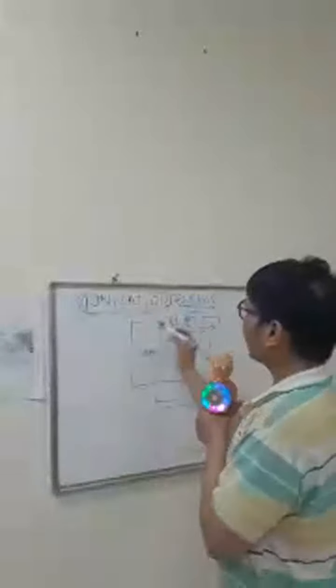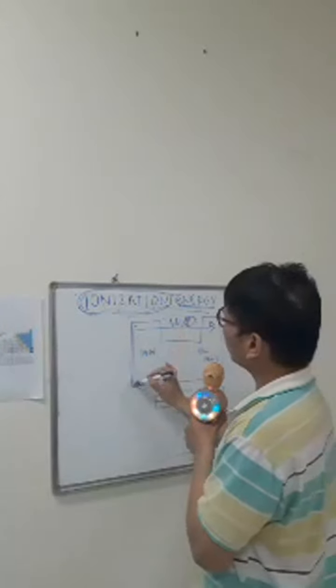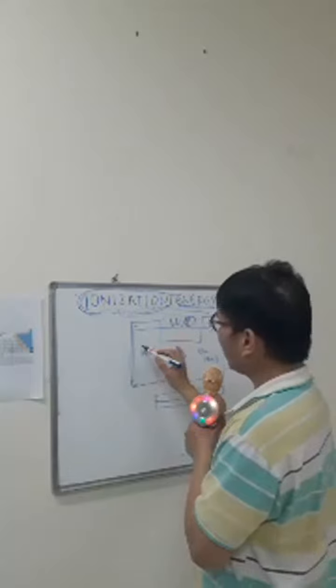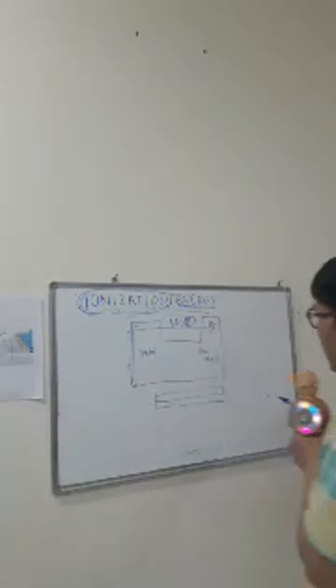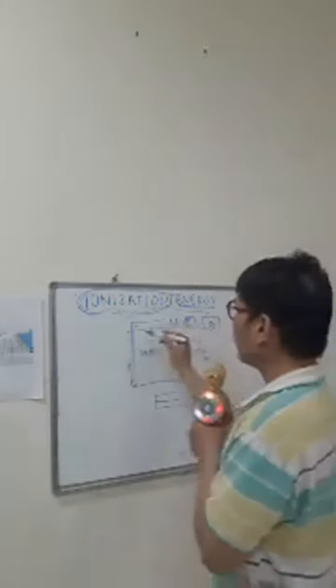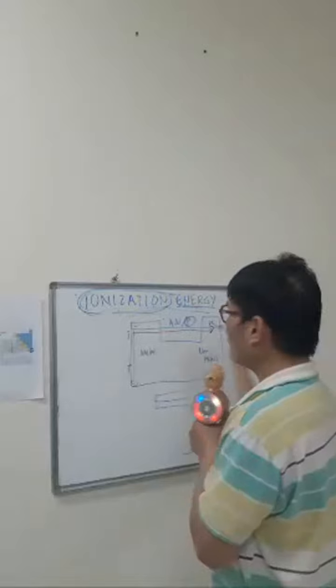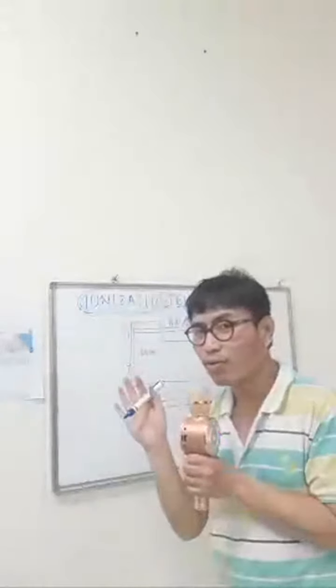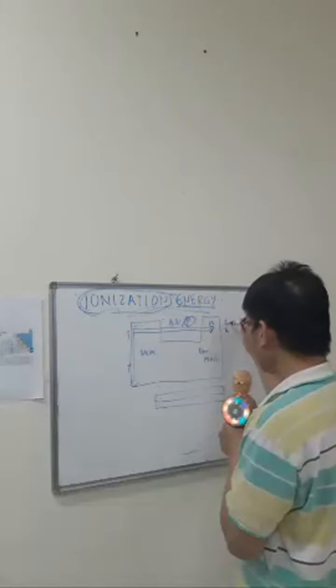Now, if I have the atomic number increasing from left to right, and also the atomic number increasing from top to bottom in each group, something like that. Also, from left to right, your atomic size of your element is increasing. Remember, every word that came out of my mouth, remember. Atomic number increasing from left to right.